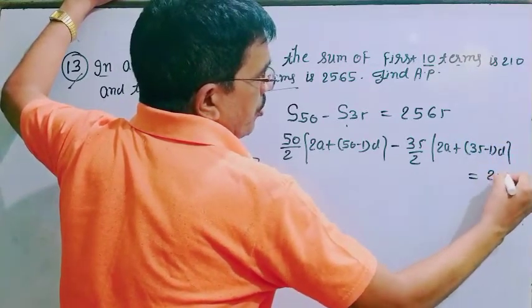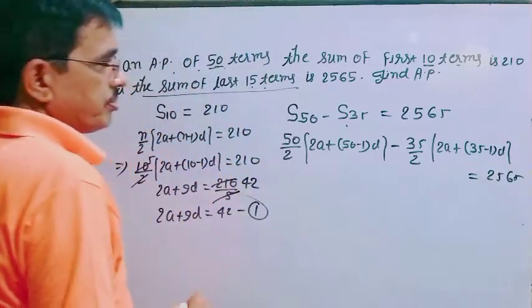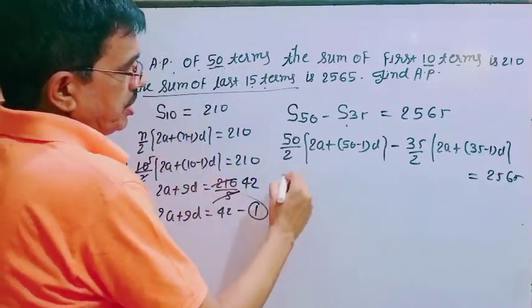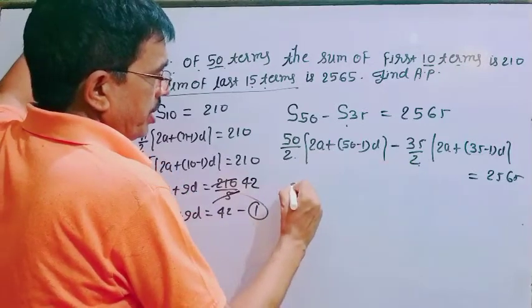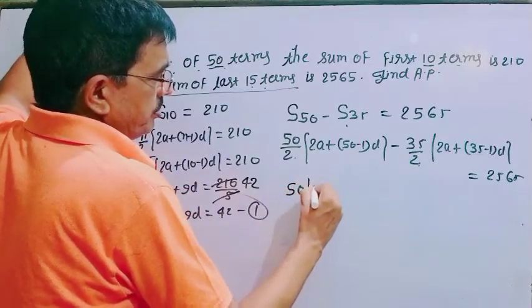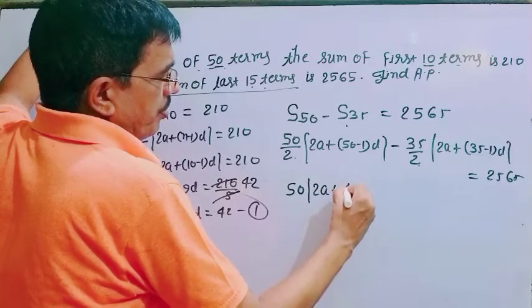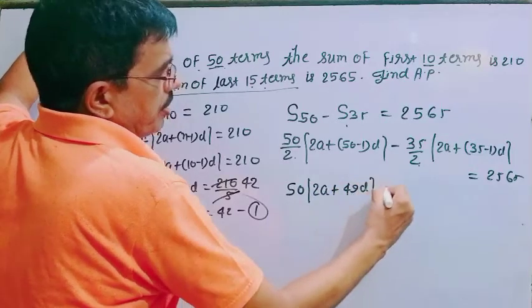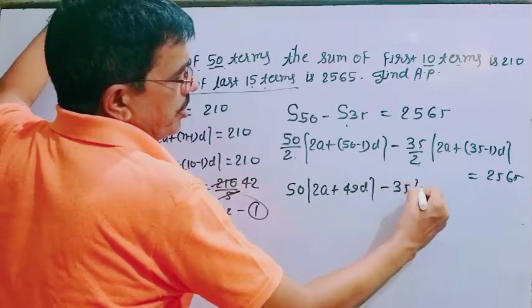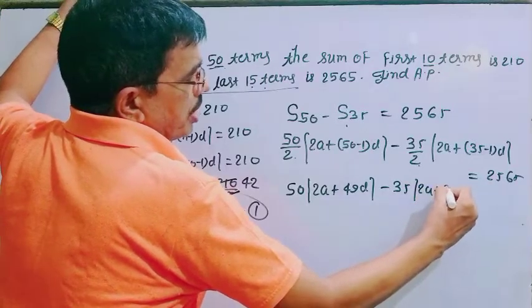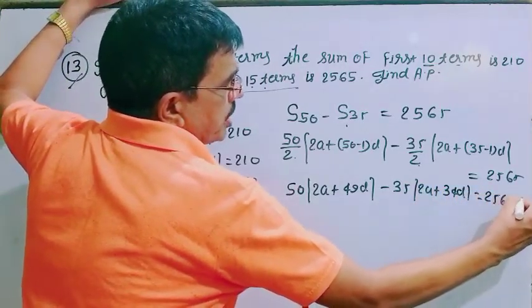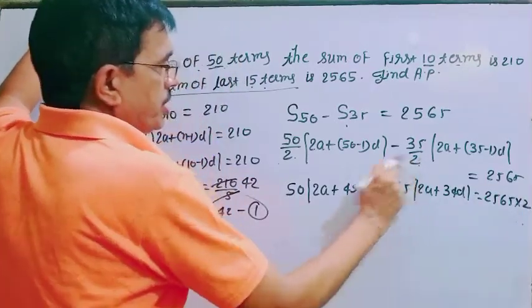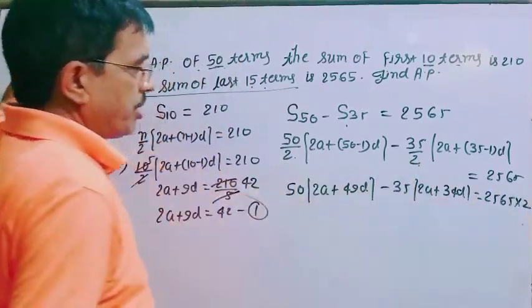Take 2 as common, then what you get here is 50, 2a plus 49d minus 35, 2a plus 34d is equal to 2565 into 2.